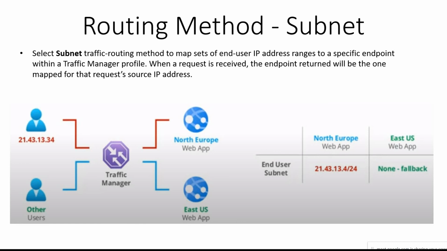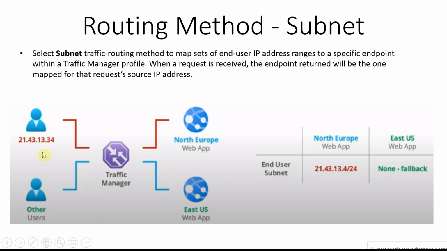So if you see the traffic manager, others are there here, and East US is there here, and North Europe. So when traffic is coming from a particular IP which is associated with Northern Europe, based on this IP, you can tell if the IP ranges from this to this, you route the traffic to this subnet within, for example, Northern Europe.